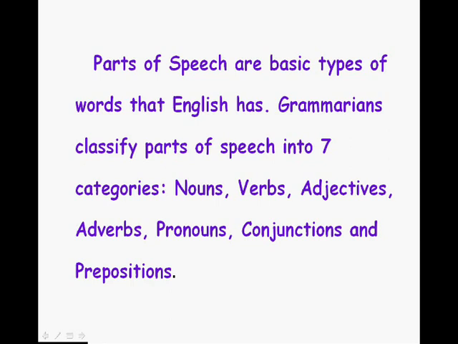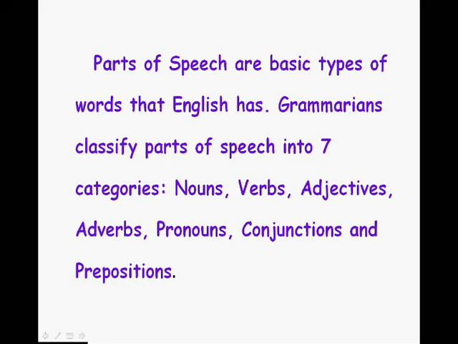Grammarians classify parts of speech into 7 categories: nouns, verbs, adjectives, adverbs, pronouns, conjunctions, and prepositions. So, parts of speech are very important to know in order to form correct sentences in English. So that's why we are looking at them today.